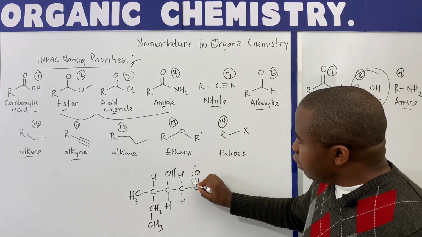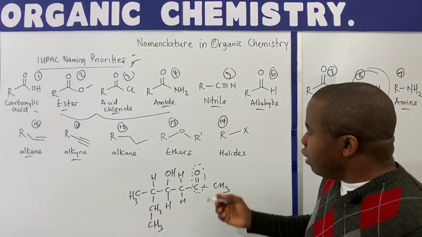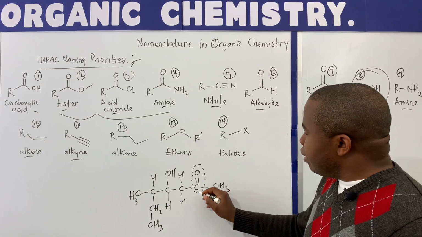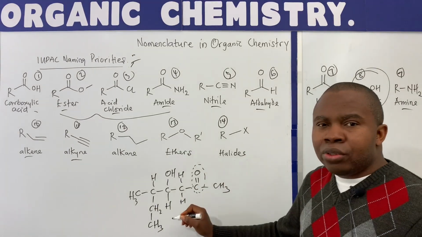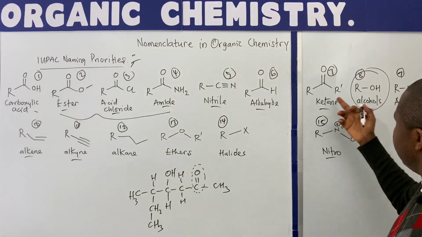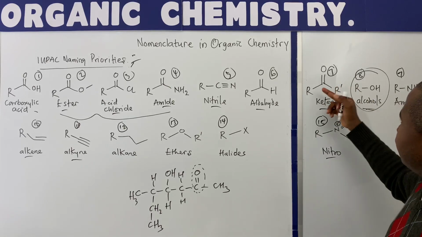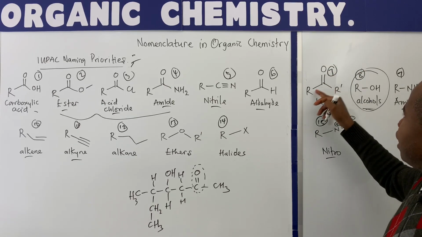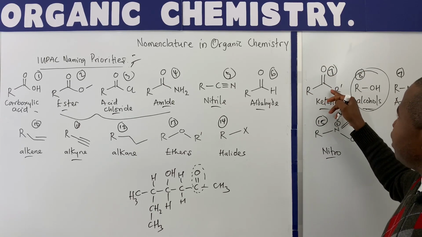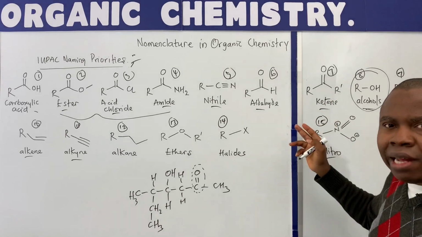It's a ketone group because it is connected to two other carbon atoms. Just as you can see here, a ketone is an oxo group that has linkage with two other carbon atoms.